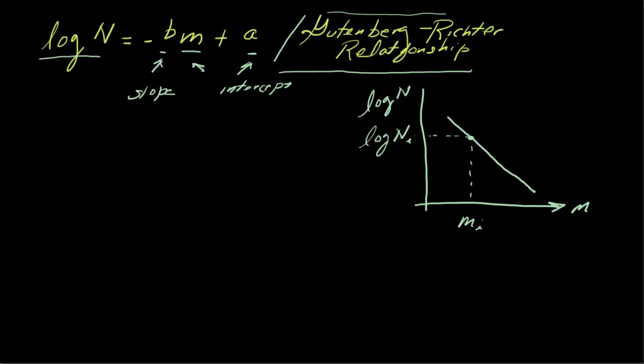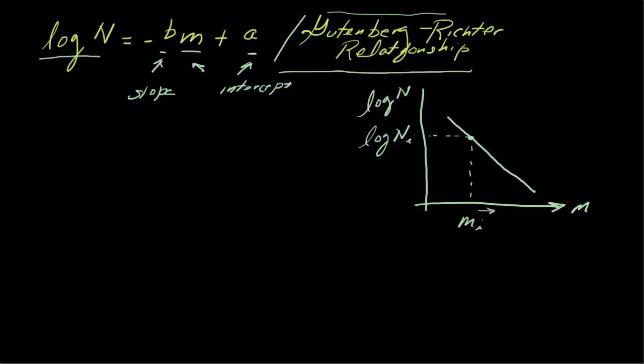N sub i is the number of earthquakes of magnitude m and larger. So it includes not only earthquakes of magnitude m, but earthquakes of magnitude m and larger. And there's usually a time associated with this, and that time frame would usually be per year. So it's the number of earthquakes of magnitude m and larger per year.